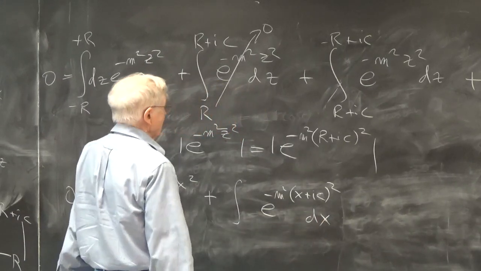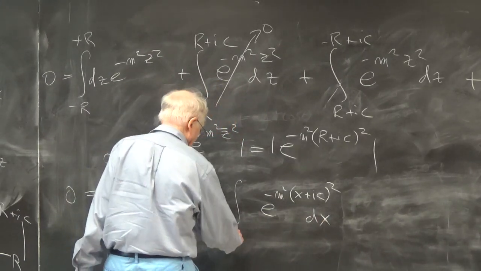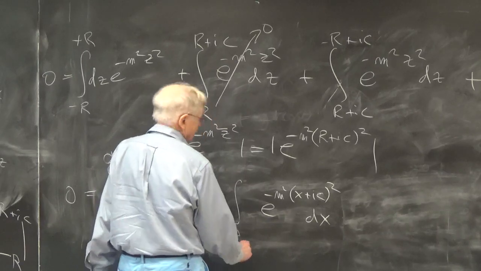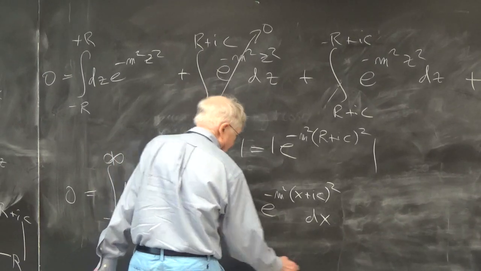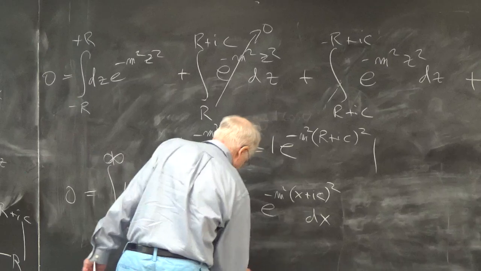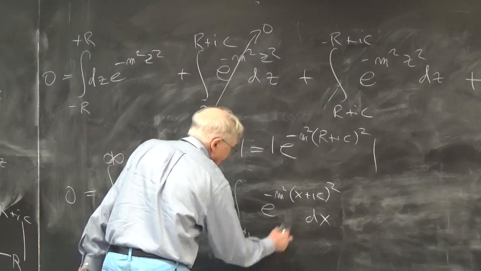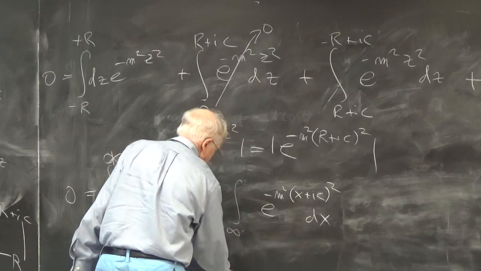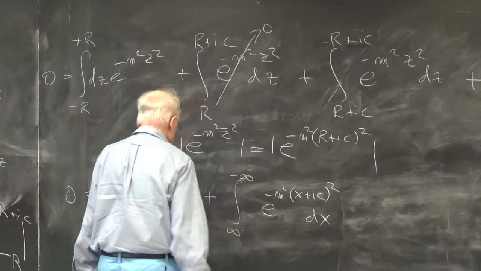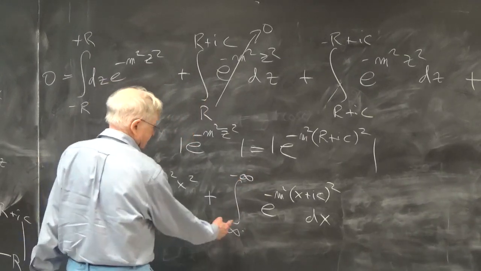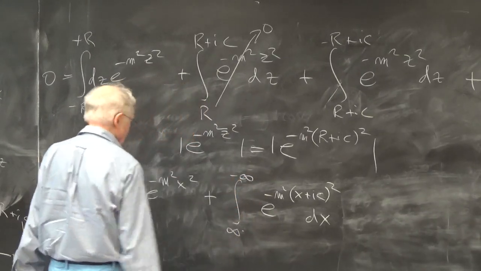But we're going from infinity, we can just say infinity, since I've put the ic in explicitly. We're going from infinity to minus infinity. On the other hand, if we switch the limits, that gives us a minus sign.